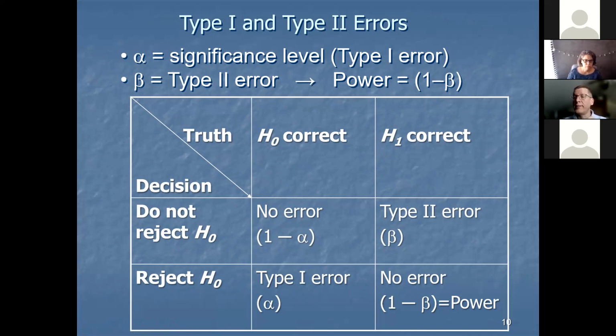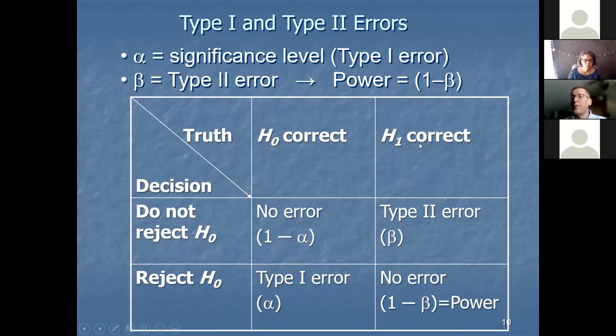If the null is actually true, that these two groups do not differ, and my decision based on the data is not to reject the null, then that is no error. But if I do reject the null, then I've committed a type 1 error, and the probability of that is set at alpha. That's where I'm going to draw that vertical line and create that rejection region.